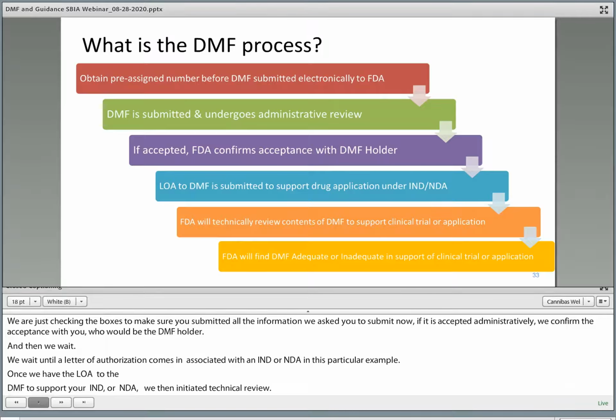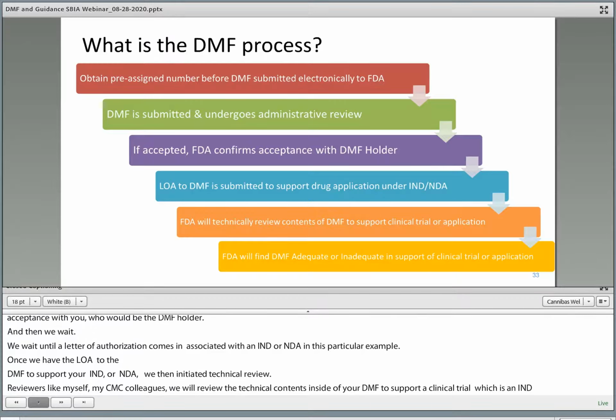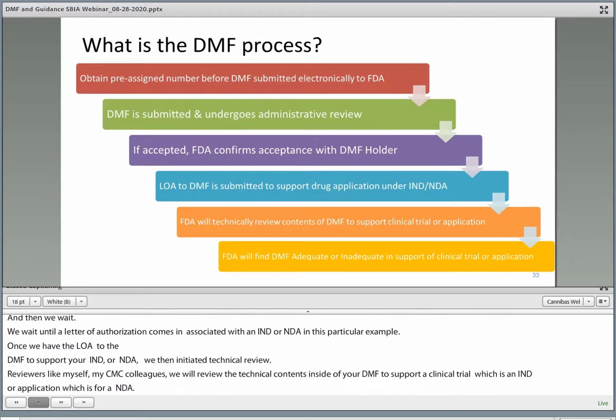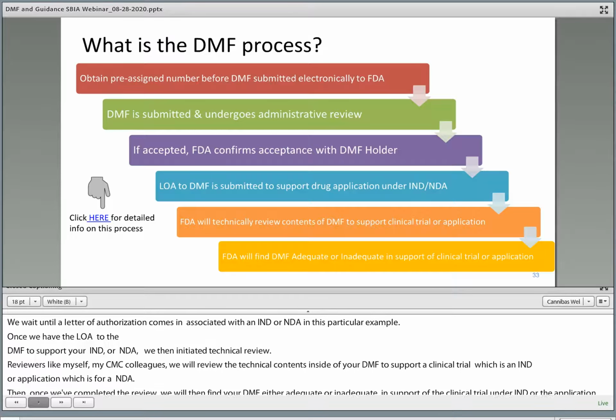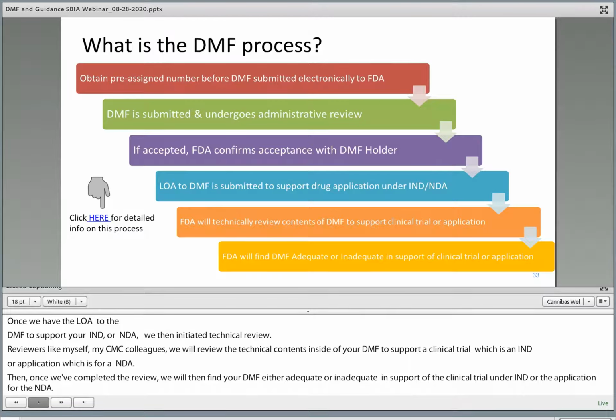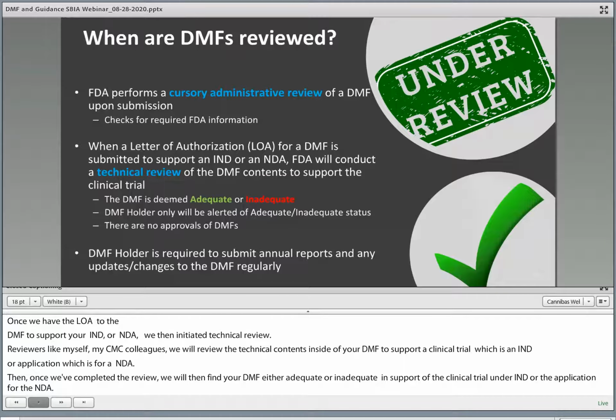Once we've completed our review, we will find your DMF either adequate or inadequate in support of the clinical trial under IND or the application under the NDA. Now, you can click here and learn all about the specifics of these detailed processes, but this is the general overview of how the DMF process works.